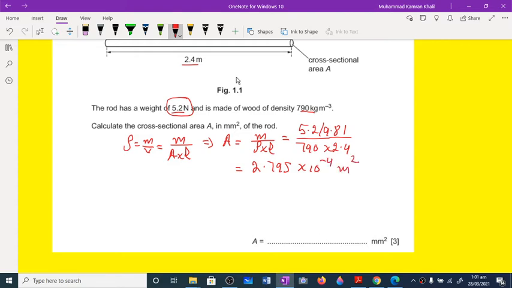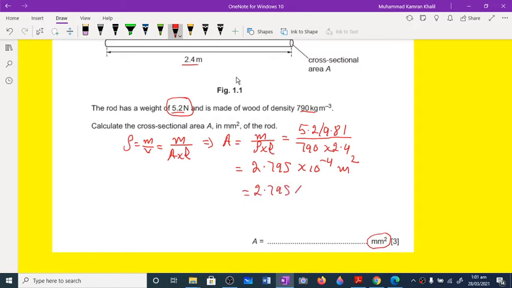Here the main problem which the students faced is that a majority of them do not know how to convert meter square into millimeter square, because the answer is required in millimeter square. If you write down this answer, you will not get 1 mark. So what to do?